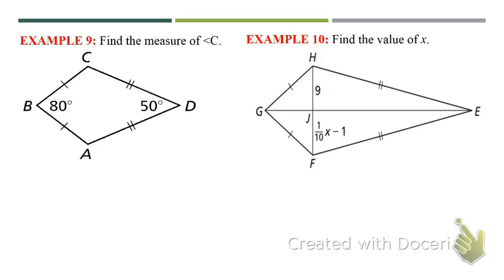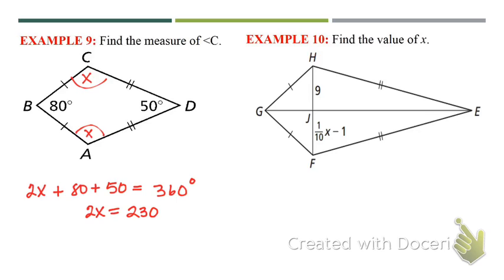So find the measure of angle C. We know that they need to be congruent because they are the one pair of opposite angles that are congruent. So we're just going to add it all up and say it equals 360 because it's a quadrilateral. Then we add 80 and 50, subtract it over to the other side and divide by 2, because the base angles are equal.